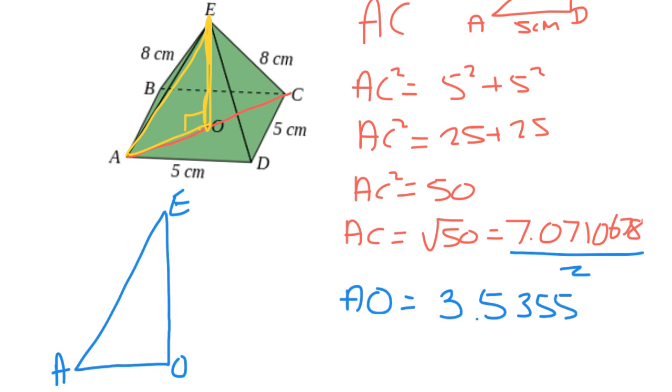So I'm going to put that in on my diagram. So that's 3.5355. Now I know the length of AE is 8 centimeters, and I'm looking for this point here.